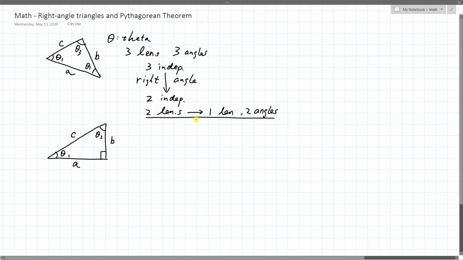We'll do this step first: given two lengths, get the third length. So let's say, given A and B, find C.